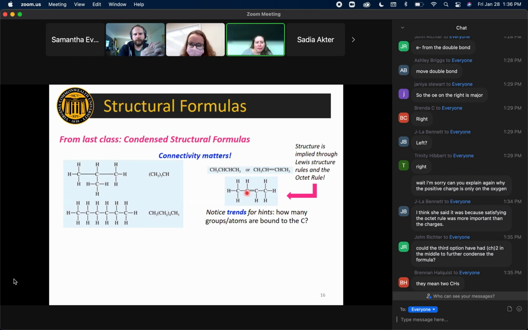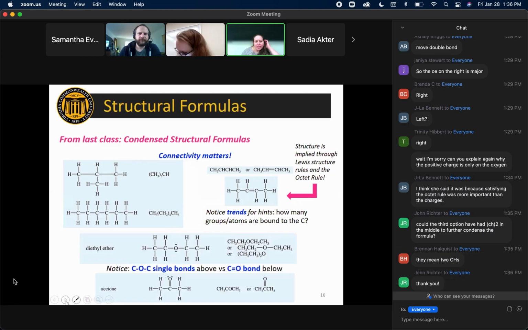Technically, I guess that would be okay, but nobody ever does it that way. So it's not technically wrong. It's just not as intuitive to organic chemists, because the CH is kind of a signal that a double bond is there. And so technically it's not incorrect. I've never thought of it that way. So right on for creativity. But in reality and in practice, people just don't do that.